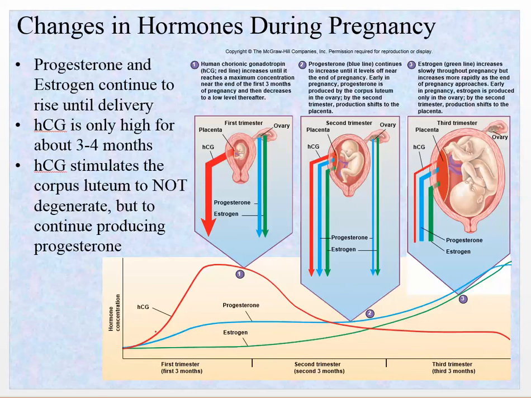Okay. So this is another graph that shows after pregnancy that this is the HCG, which you can see that it increases and then it starts to fall off after a while. But here's something that's important. Okay. Estrogen and progesterone increase a lot, and they both increase right up until birth, and then they just plummet.